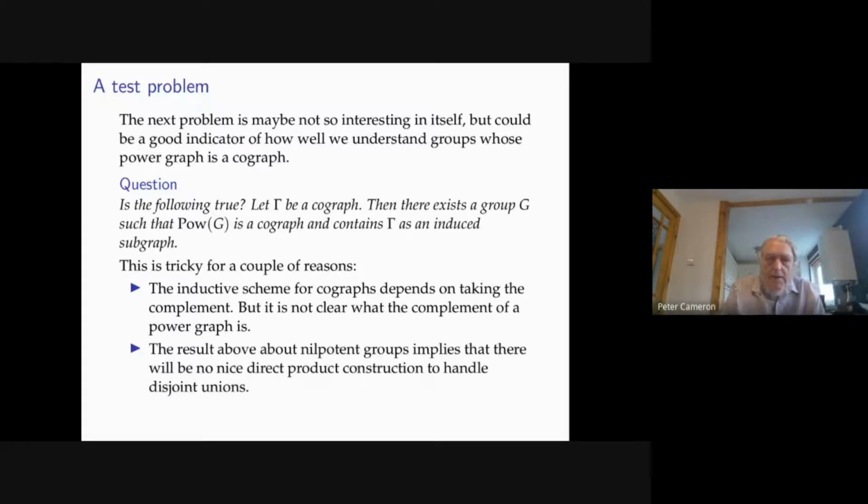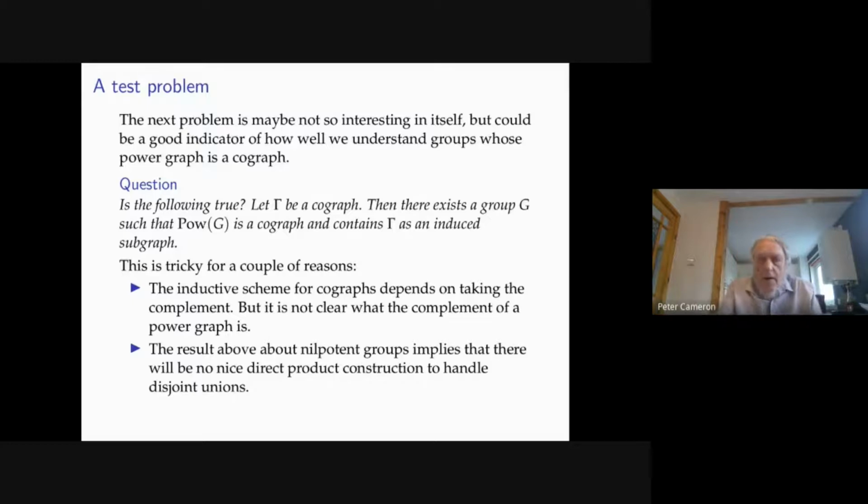And the other thing is, the result about nilpotent groups means that there won't be a nice direct product decomposition to handle disjoint unions. A disconnected cograph is a disjoint union of smaller connected cographs, but we can't just embed those in groups and take the direct product of all the groups, because that would have nilpotent subgroups that were not just C_p cross C_q.